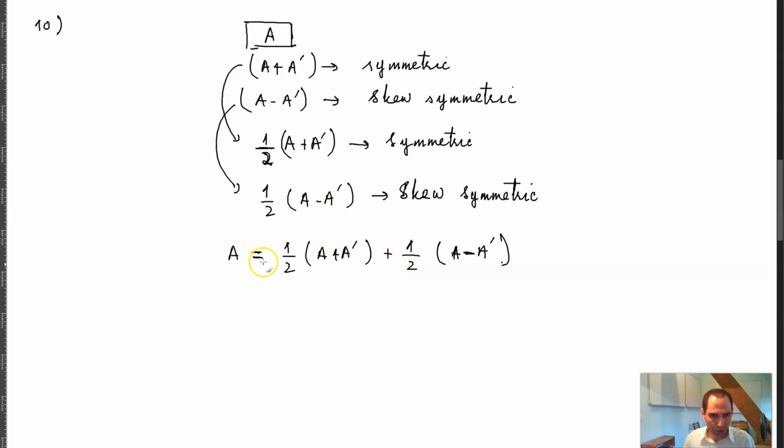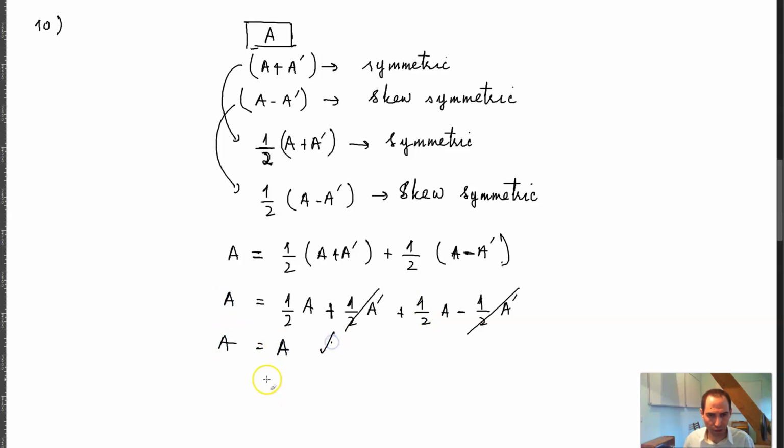It's important to note that if you expand the right hand side, you'll get 1/2 A plus 1/2 A prime plus 1/2 A minus 1/2 A prime, and these two will cancel out, and then you will have 1/2 A plus 1/2 A, which is equal to A, which means that A is equal to A, right?